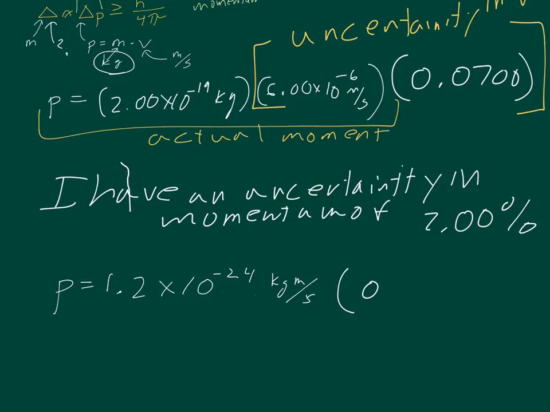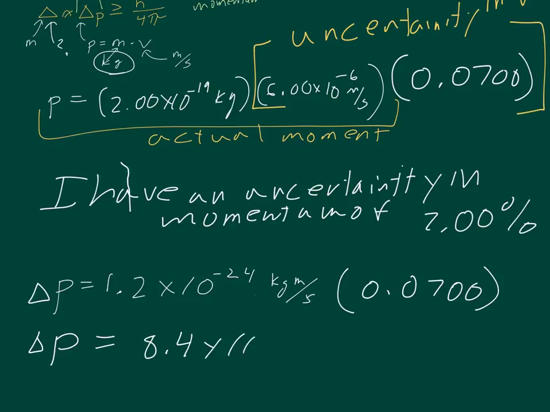So now I'm correcting for my uncertainty. And I know for a fact from working with other students and in my face-to-face classes that everybody has at least a different percent. So the uncertainty in momentum is now 8.4 times 10 to the negative 26.